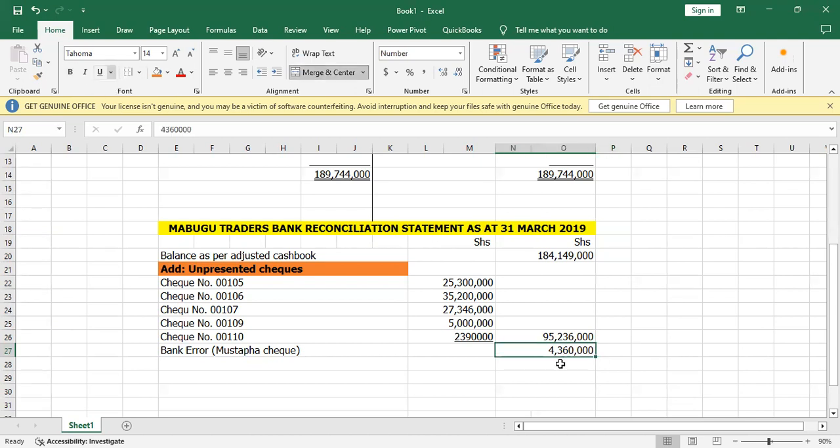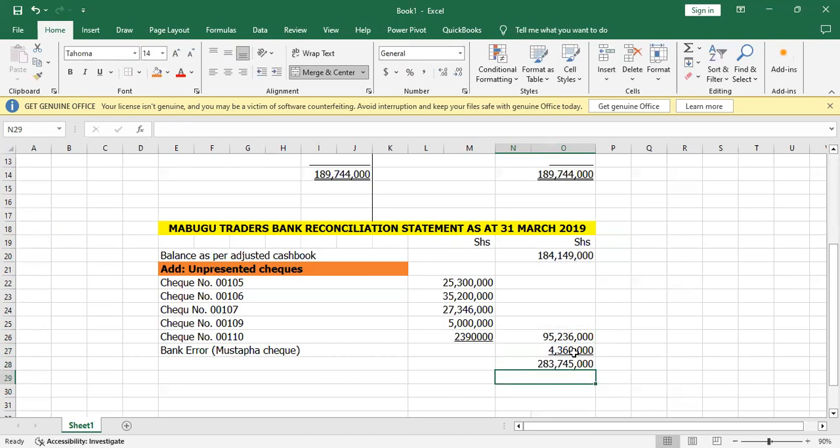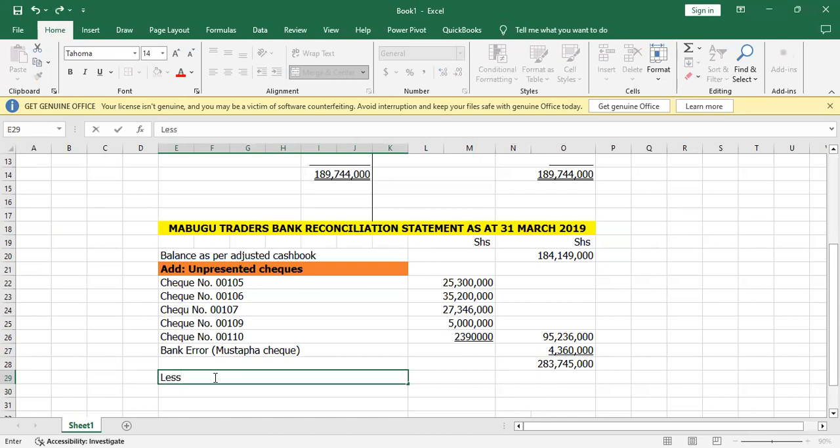So now I can add all these: I have this, and I add the unpresented checks, then you also add this error amount. That's how much we get. But then, of course, we have to less the uncredited checks.